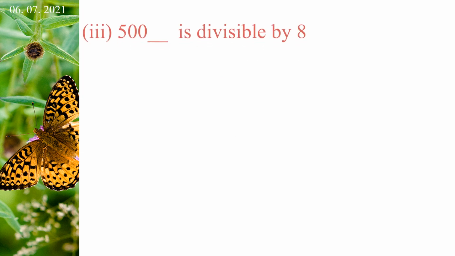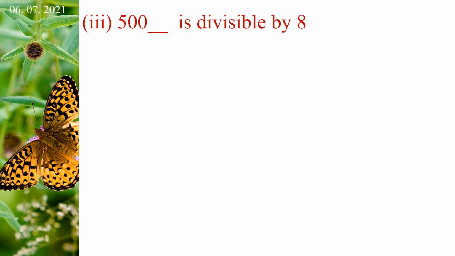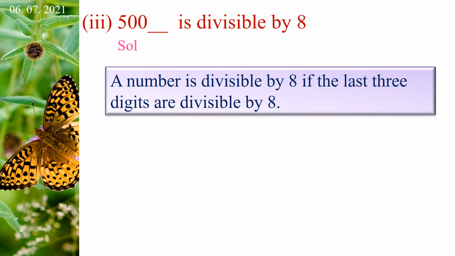Next problem, 500 dash is divisible by 8. We know the divisibility rule by 8. A number is divisible by 8 if the last 3 digits are divisible by 8, or the last 3 digits are 0, which means it is also divisible by 8.